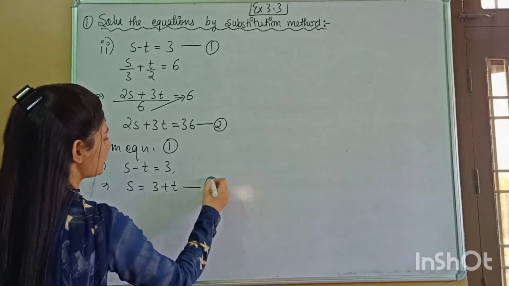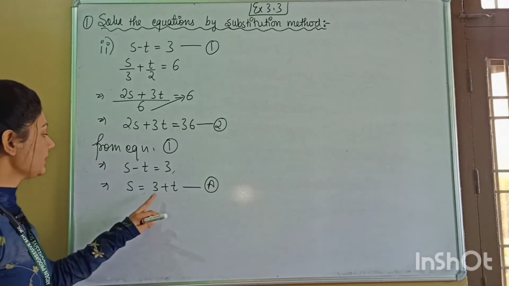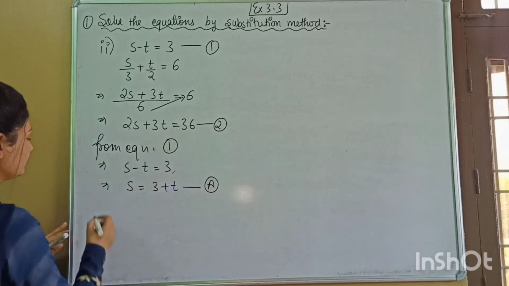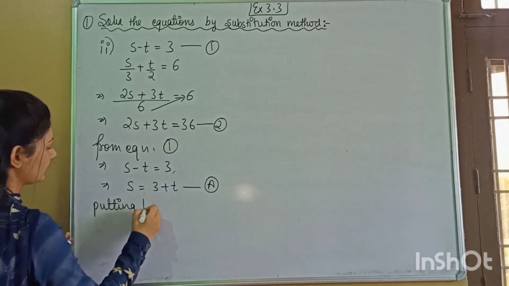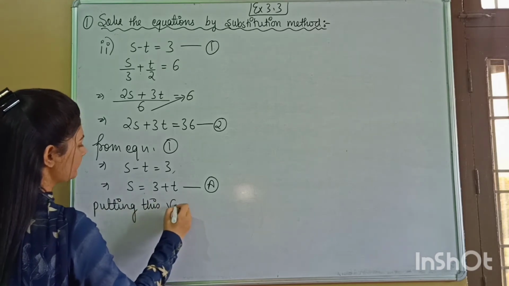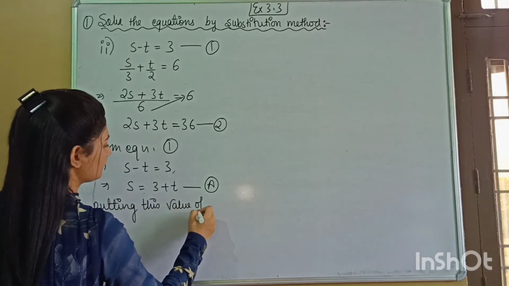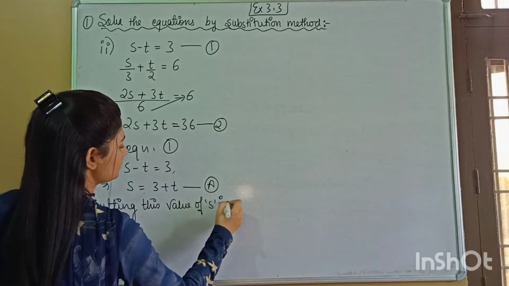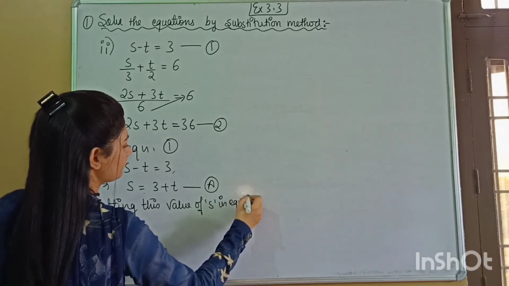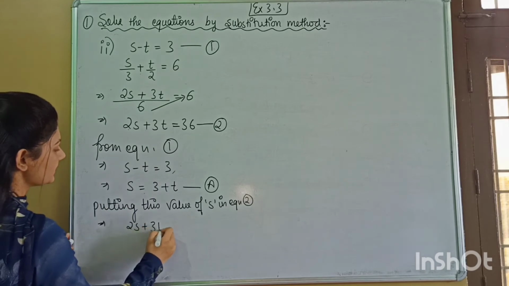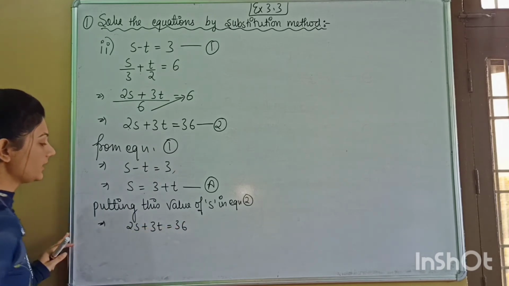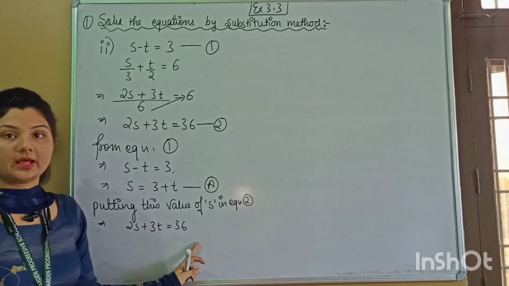This will be named as equation A. Now putting this value of s in equation 2. What is the equation? 2s plus 3t is equal to 36. Now the rest of the terms we will keep like this only.